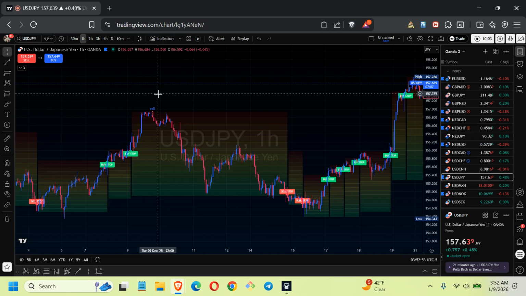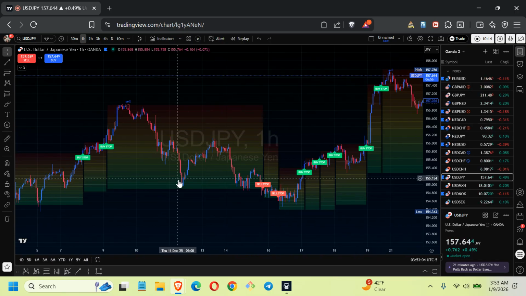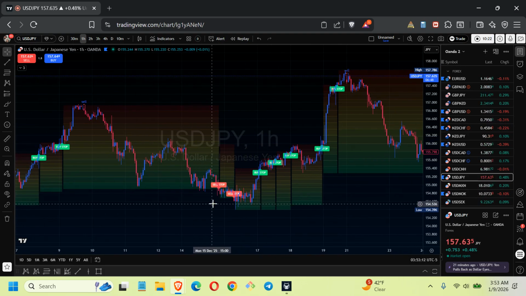Pulled back. Went further. Wow, even down here. I would think it would stop right here and then go here, but it didn't. Had more momentum. Then turned around.